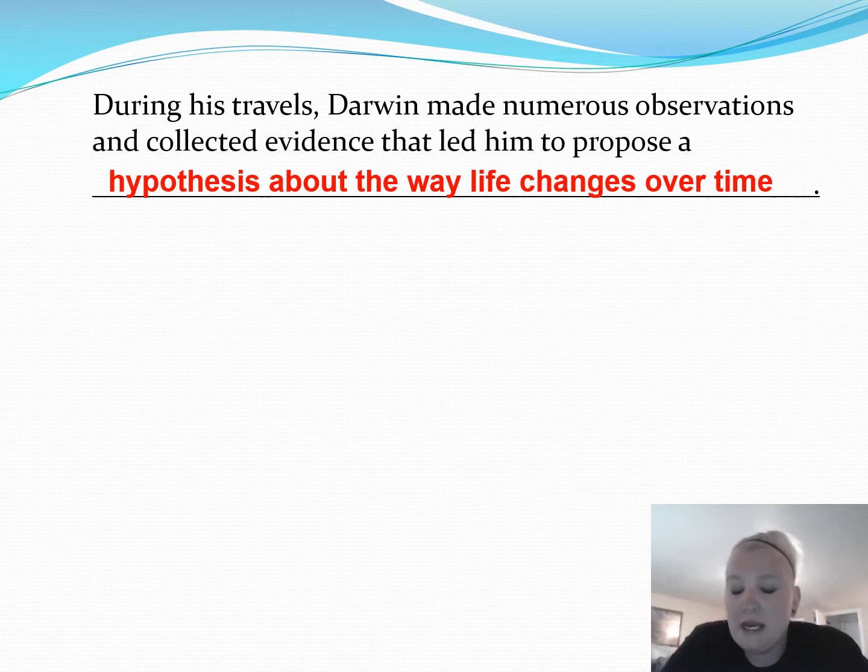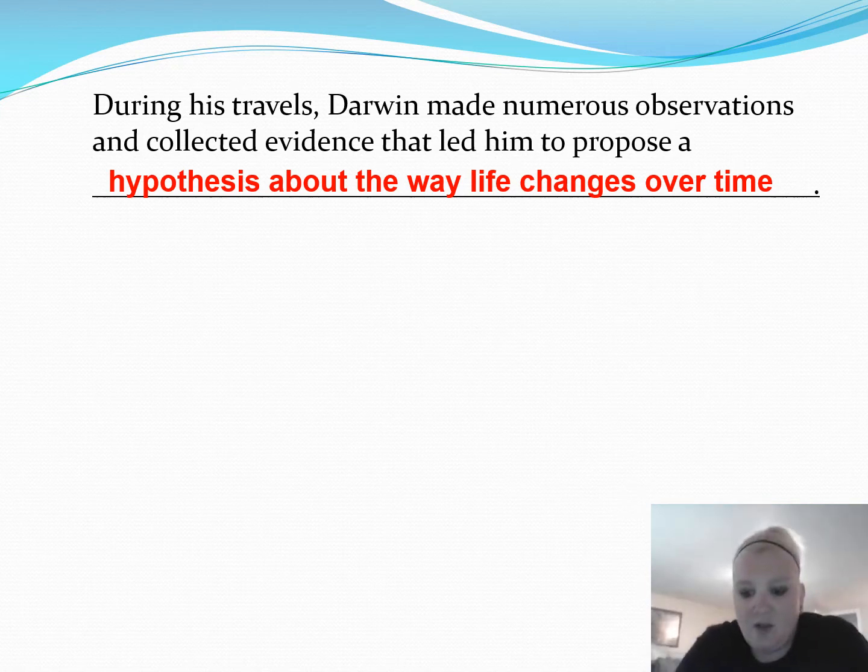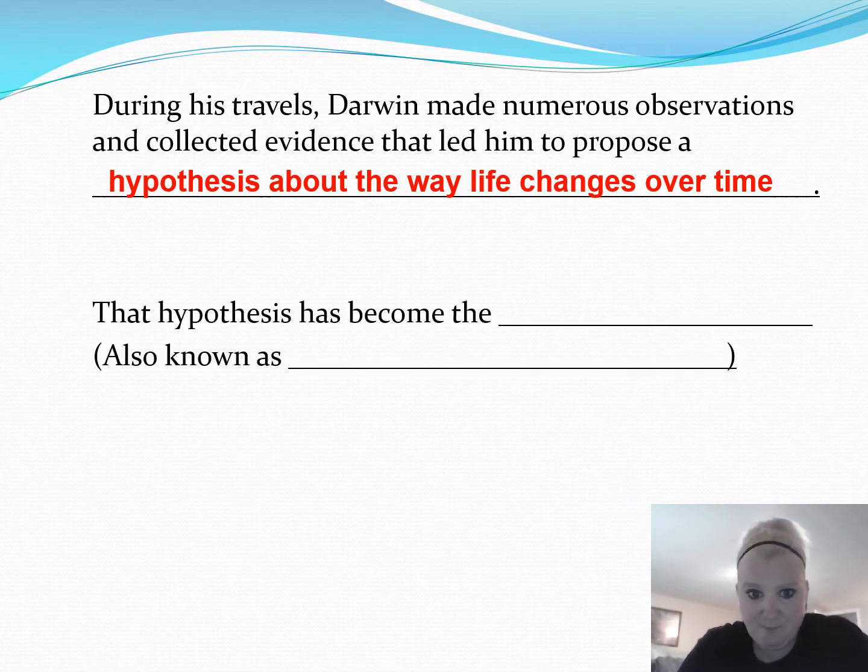So what he did with a lot of his observations is that he came up with the idea of how life has changed over time, because naturally things change. And he wanted to start saying, well, how did they change? Why did they change? So he was asking a lot of those harder questions and using just his observations to come up with an explanation for how those things have changed over time.